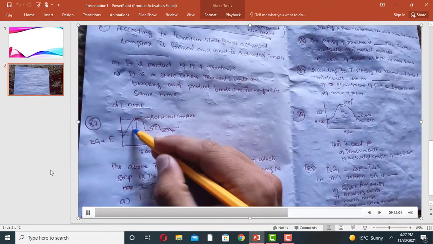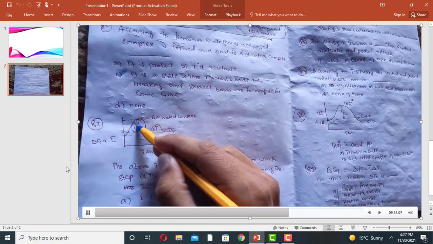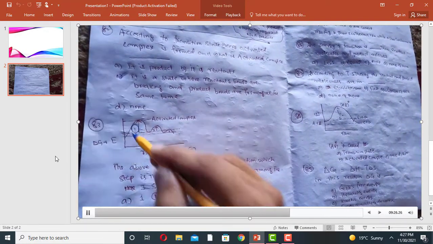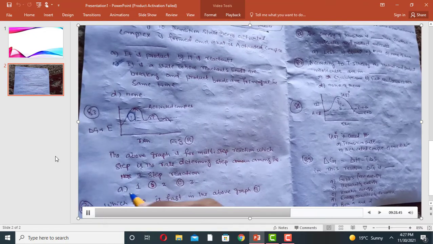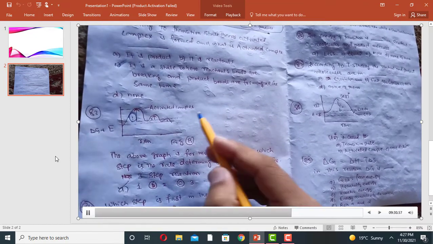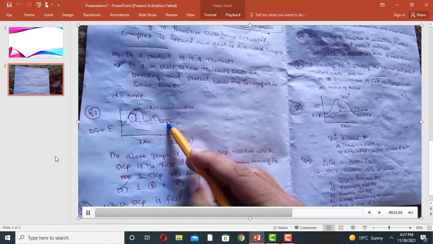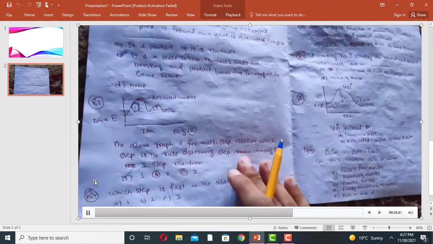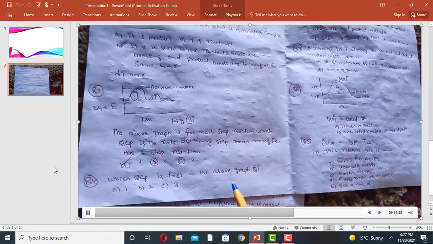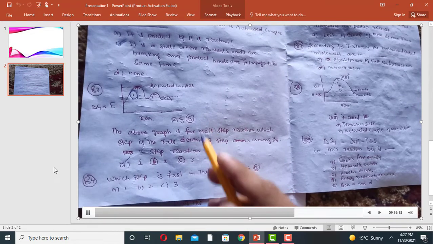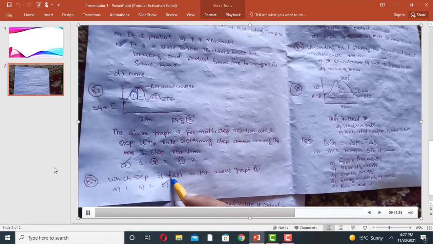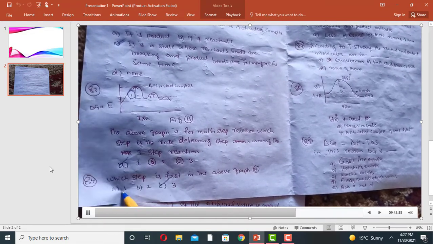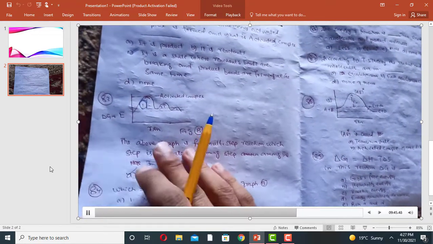This step is the rate determining step because the activation energy of this step is very high. So step number 1 is the rate determining step, and step number 3 is the fastest step.